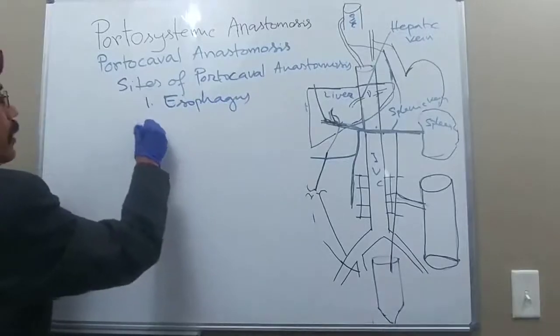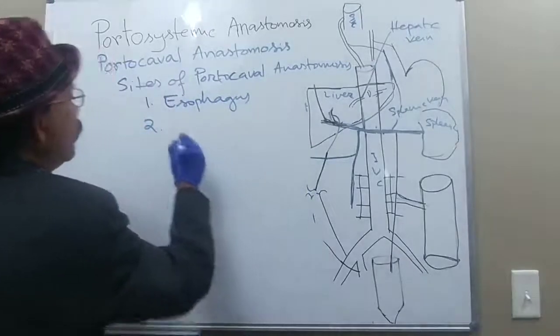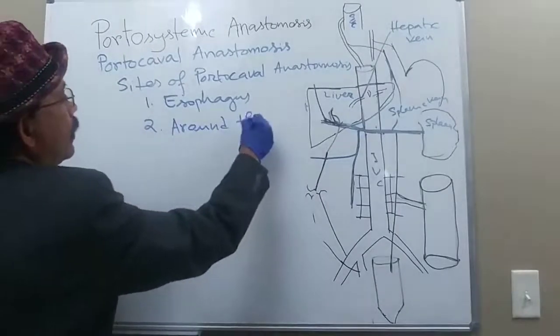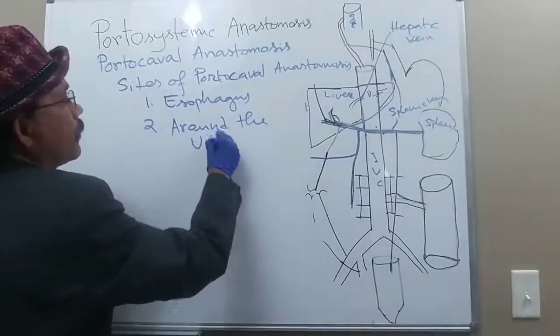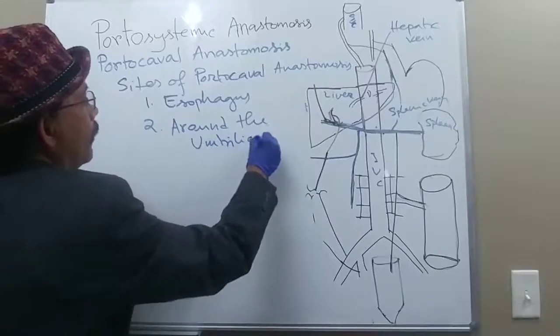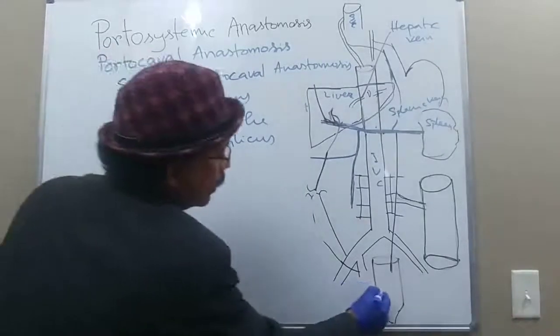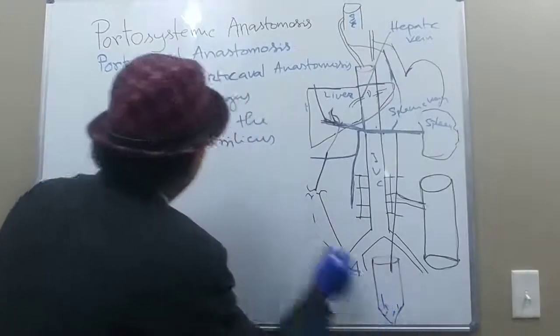Our second site is around the umbilicus. Our third site is the anal canal area.